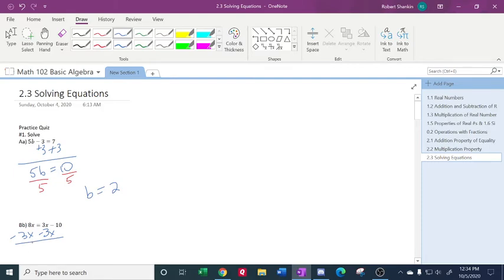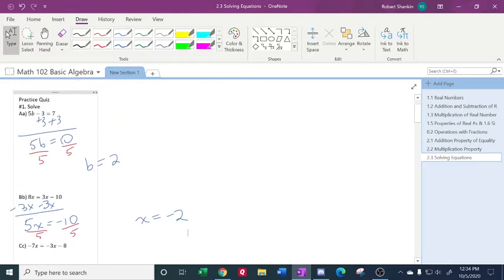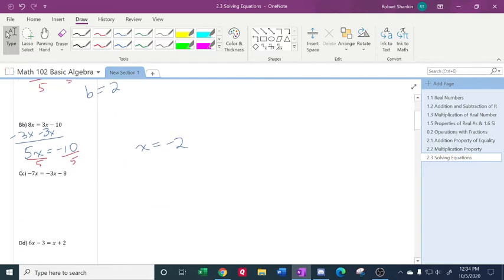So then I would get 5x equals negative 10 divided by 5, and x equals negative 2. Alright, so just the basics with solving equations.